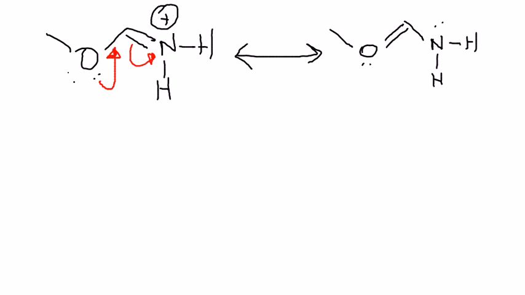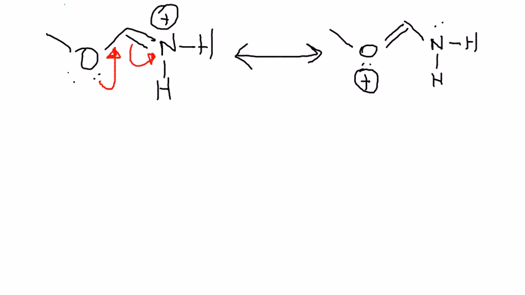So I figured out the formal charge on the nitrogen on the left, and it was a positive formal charge. Now in this new resonance form, that positive formal charge is shifted to the oxygen, and this is the exact opposite. Oxygen is more electronegative than nitrogen, which means nitrogen is more electropositive than oxygen, which means it can handle that positive formal charge better and is ultimately more stable than the resonance form with the positive oxygen.